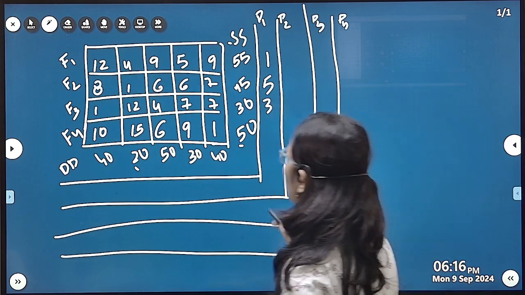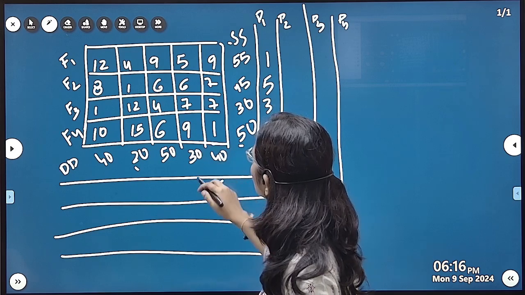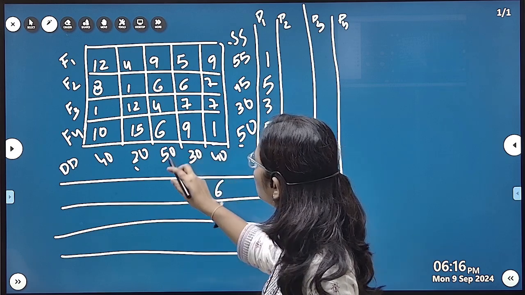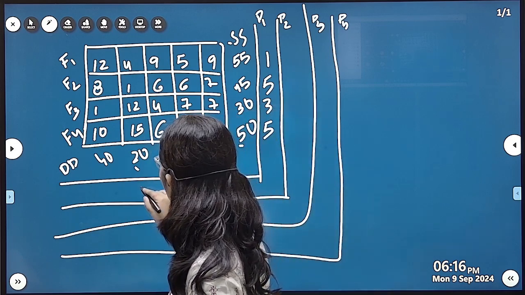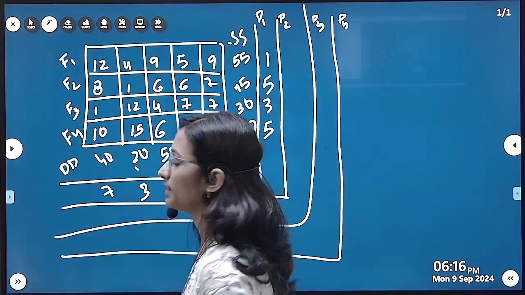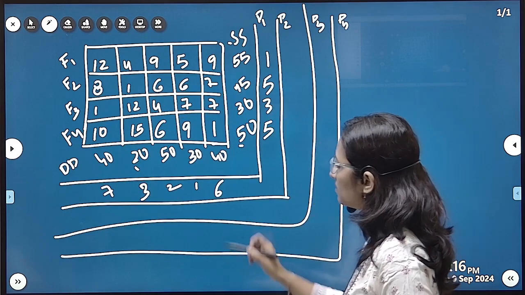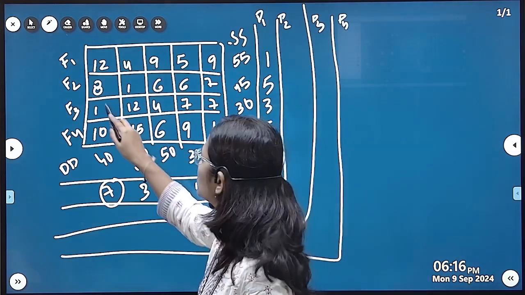So next, 6 minus 1 is 5, 7 minus 1 is 6. So 6 minus 5 is 1, 6 minus 4 is 2, 1 minus 4 is 3, 1 minus 8 is 7. Which one is the bigger number? 7, right? In that 7, which is the least number? 1. So we need to take it here.